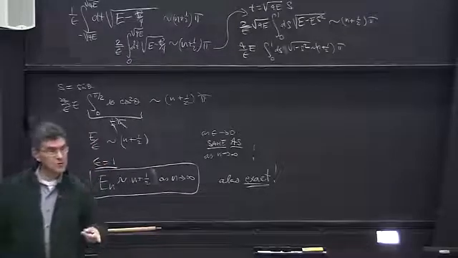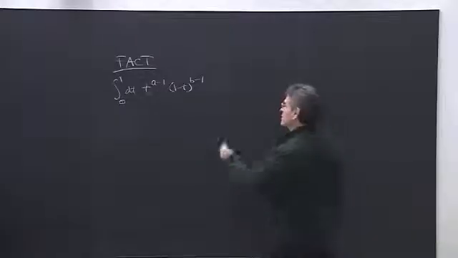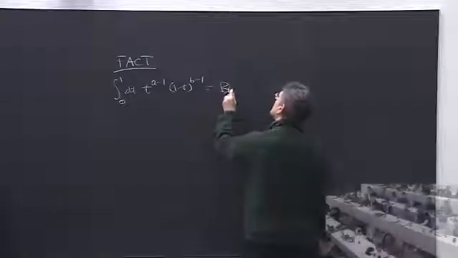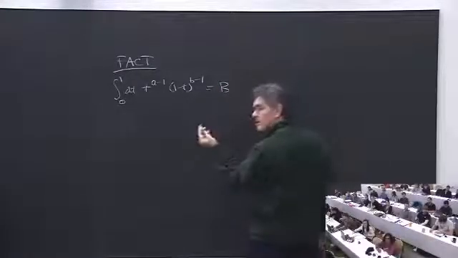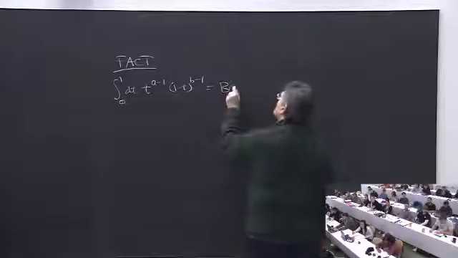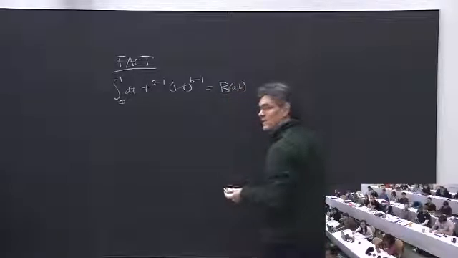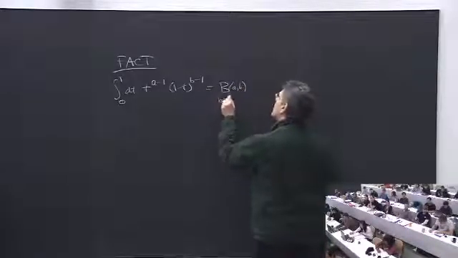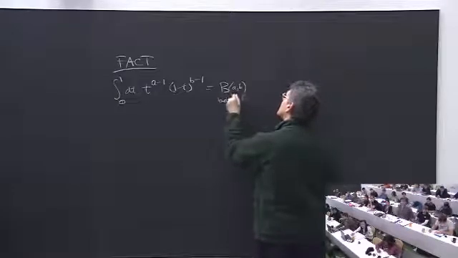Does anybody know what it is? Beta function. That's right. It's written capital Beta of a, b. So this is called a beta function.